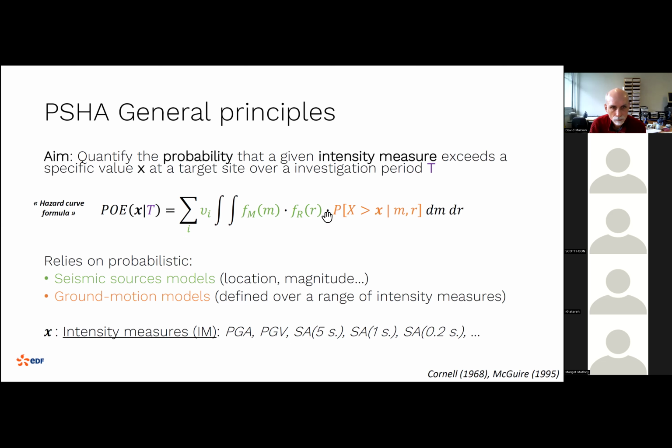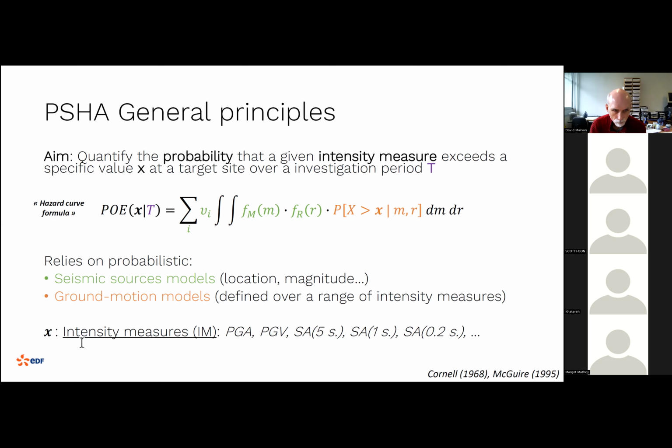And you combine the occurrence of a specific scenario in terms of magnitude and distance to your site with a ground motion model, or the probability that the acceleration recorded for this scenario at a distance r exceeds that level x that you are investigating.